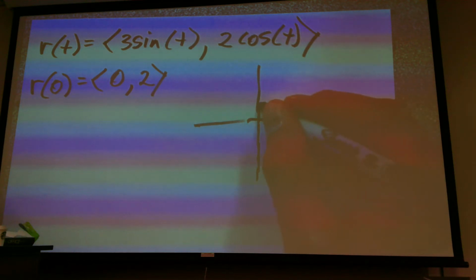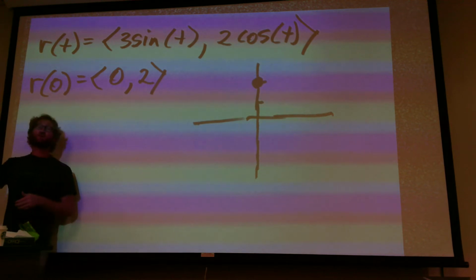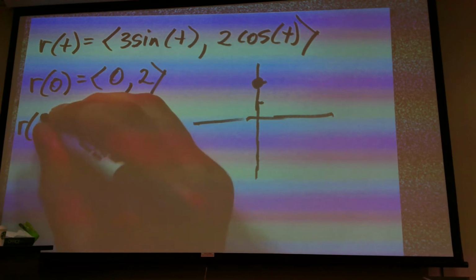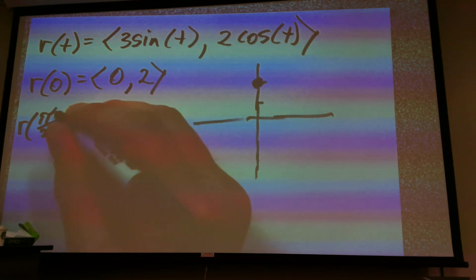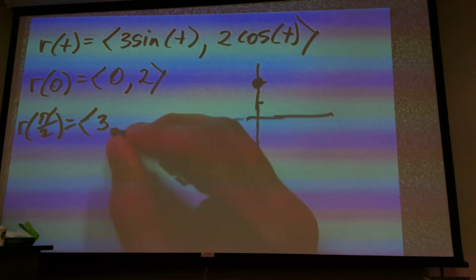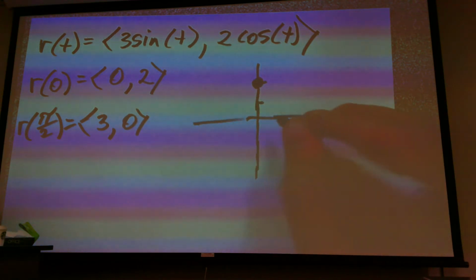Okay, so 0 in the x direction, and then up by 2 in the y direction. Okay. Let's go to our next spot. Let's say, what would r of pi divided by 2 equal? Okay. Well, sine of pi over 2 is 1, but that's going to be 3 times 1, so that's going to be 3. And cosine of pi over 2 is 0, so that's going to come out to 0. So we'll go over here. 1, 2, 3.